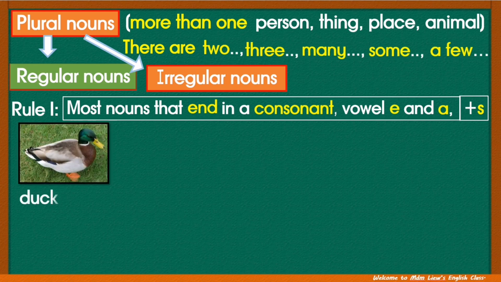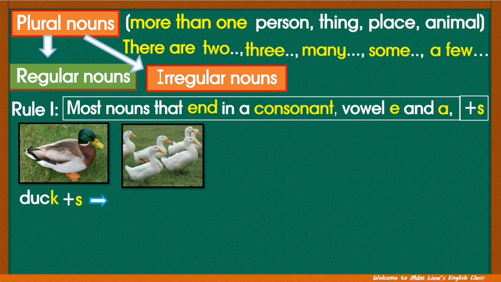Example number 1. What is this? Yes, duck. The noun duck ends in the consonant K, so add S to make it plural. It becomes ducks. Now, to write the sentence in plural, begin your sentence with the phrase there are, followed by the quantity 6 and the plural noun ducks. There are 6 ducks. Number 2.